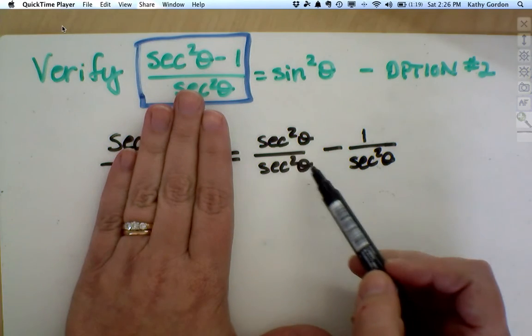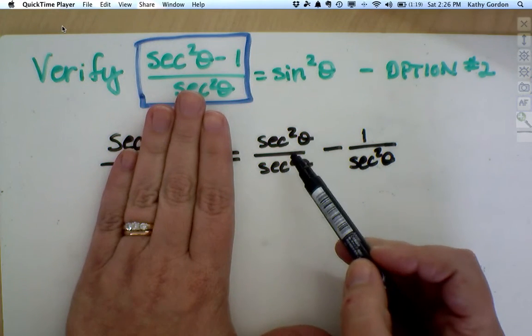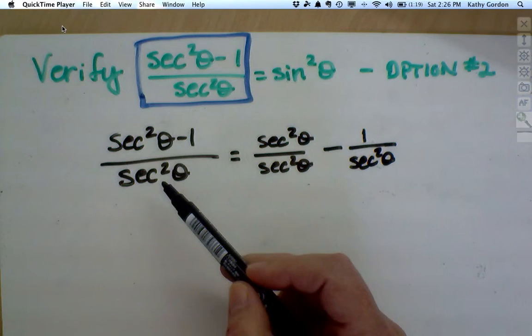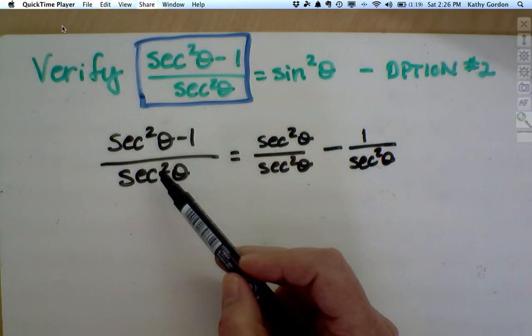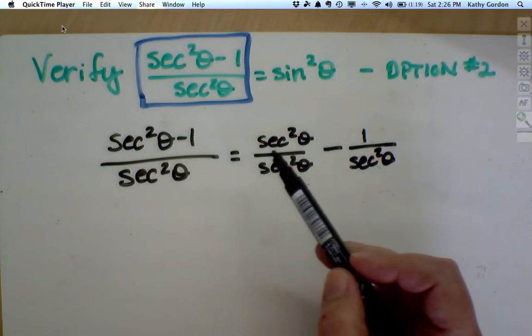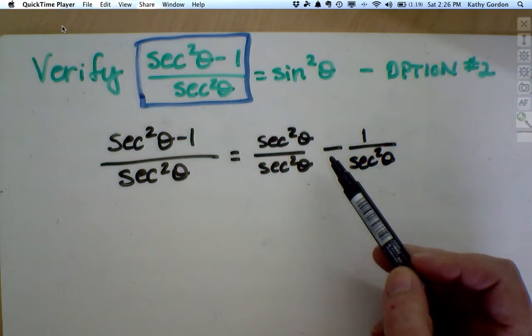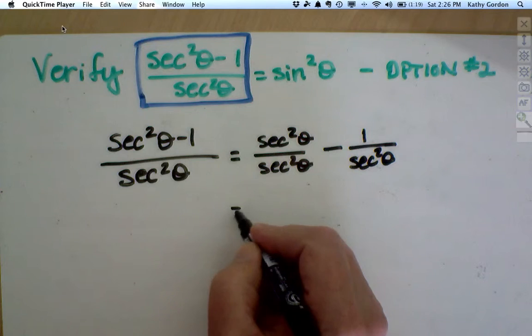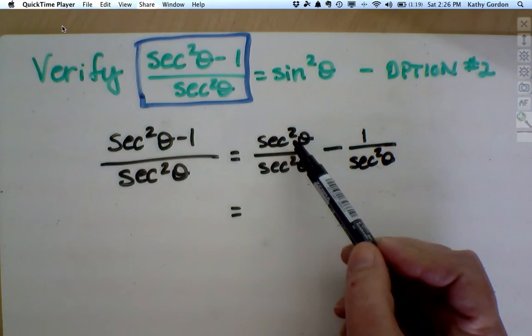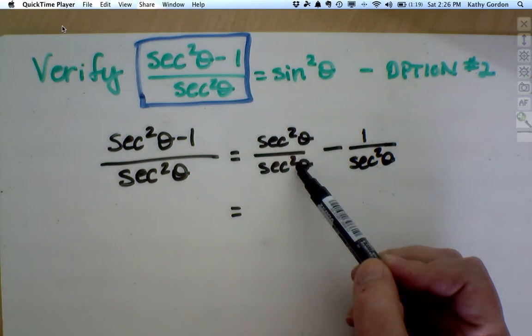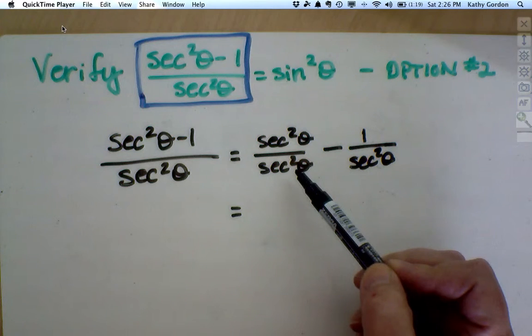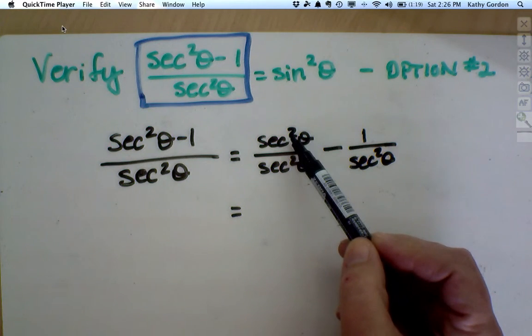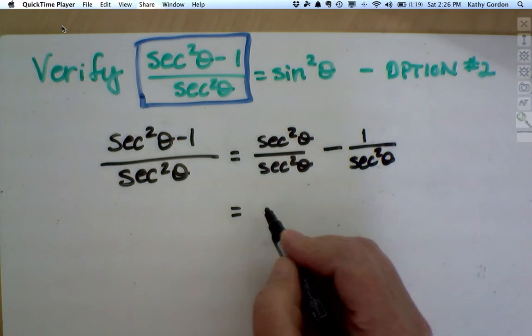So if I were combining this into a single term, it would end up being this. So I'm just taking it back apart and going back this way. Okay, well, how does that help? Well, now we have a secant squared of theta over a secant squared of theta. Anytime we have a term over an equivalent term, we get 1.